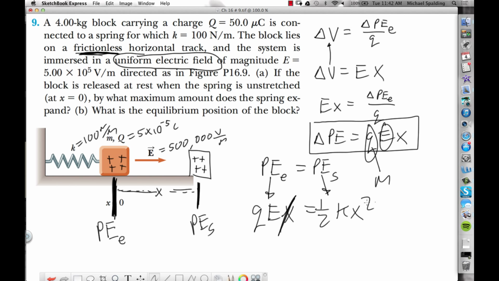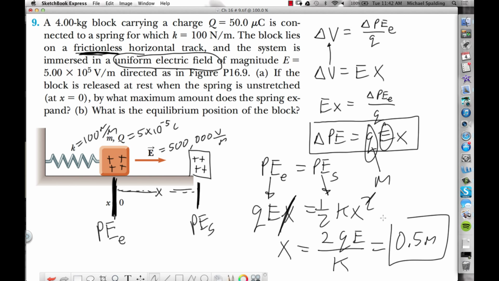One of the x's cancels, so x is 2QE over k. Did I predict it or what? Plug the numbers in, I'll let you do the algebra, and you get 0.5 meters. That's the answer to A.